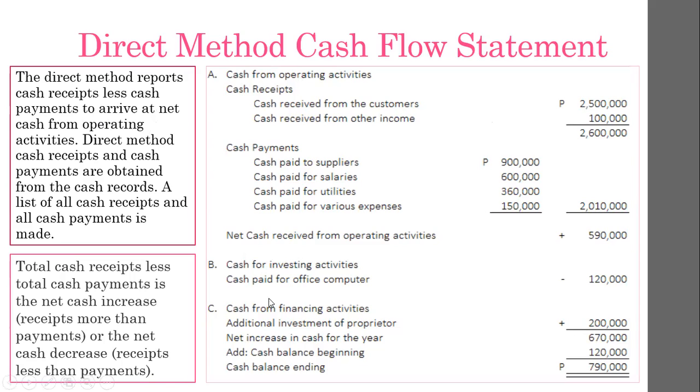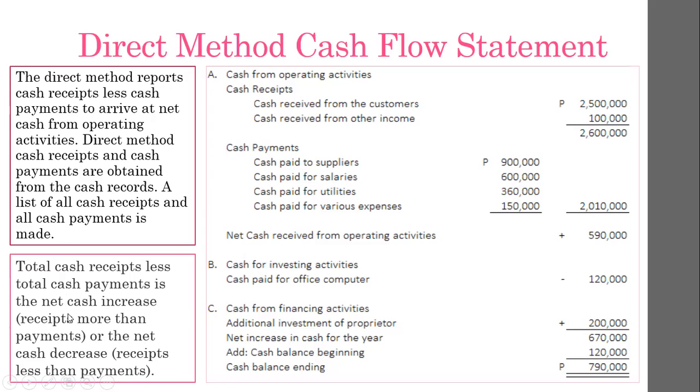Next, total cash receipts less total cash payments is the net cash increase, when receipts are more than payments, or the net cash decrease, when receipts are less than payments. Kumbaga, pag nag-positive siya, cash increase.